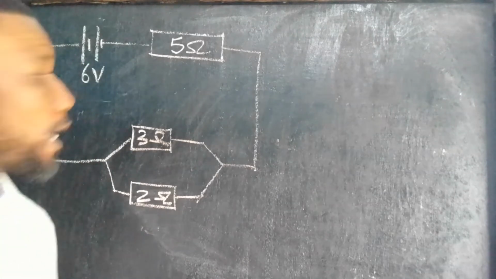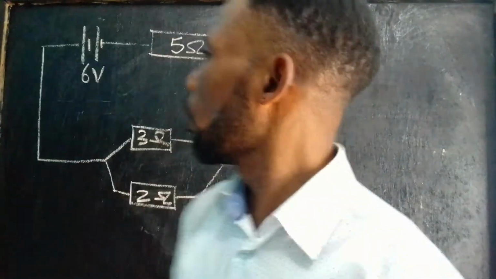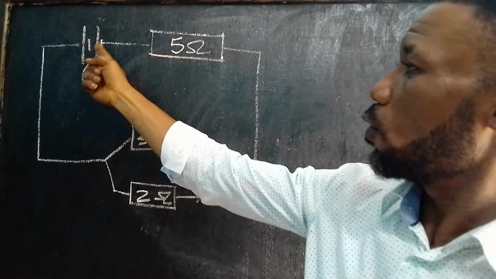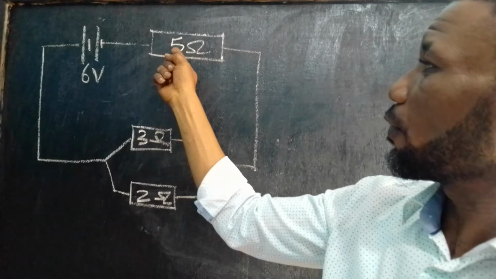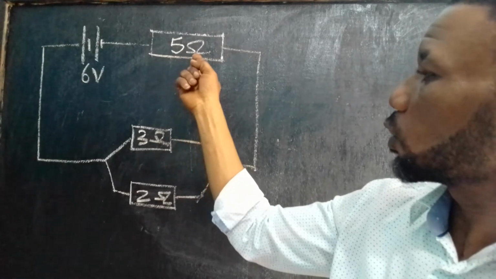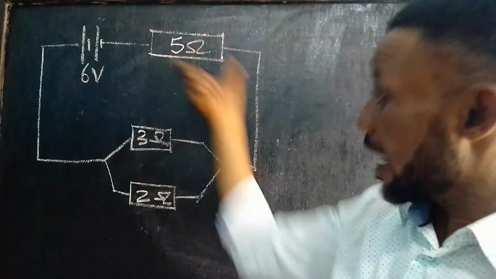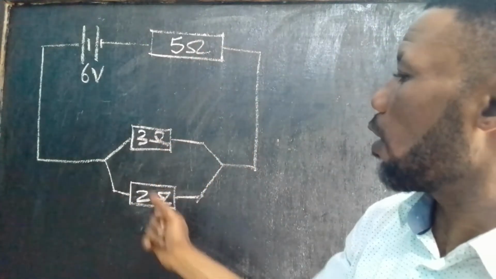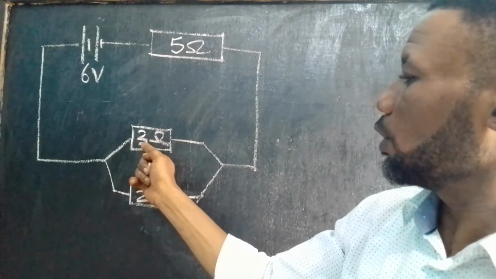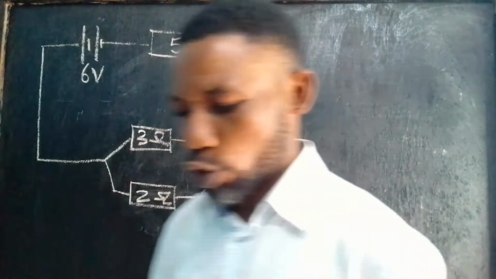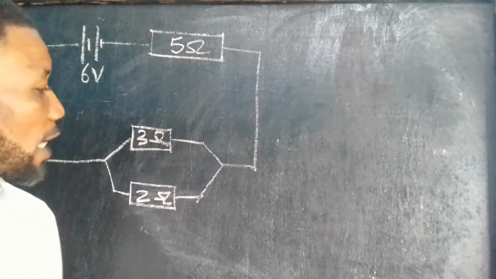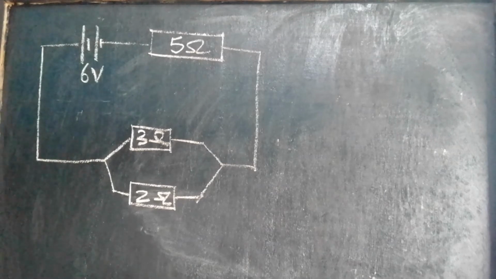So we have a 6 volt battery in series with a 5 ohm conductor, and both are in series with a parallel connection of 3 ohms and 2 ohms. We have been asked to calculate the total resistance of this circuit.